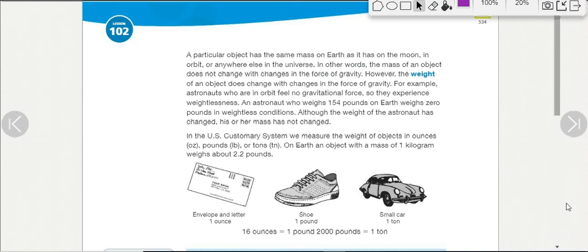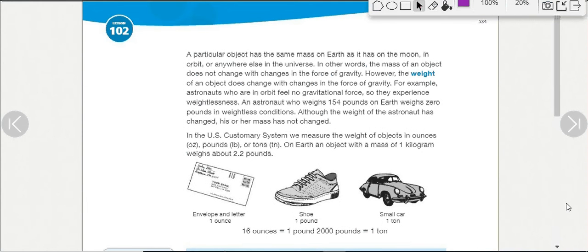Instead, that's how we're able to understand the difference between mass and weight. They seem very similar, mass versus weight, until you start comparing situations where they are different, like going on another planet. That's when your weight changes, because weight of an object changes with the force of gravity.